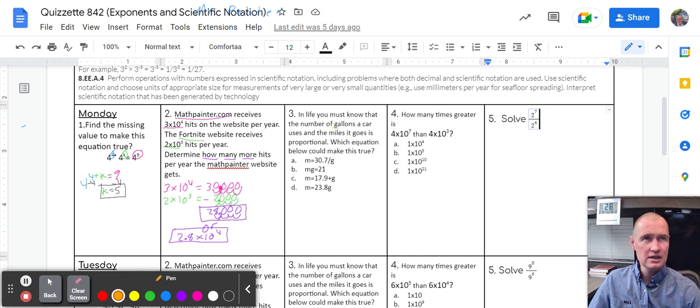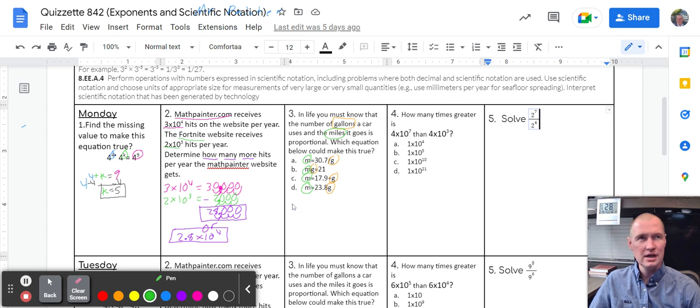Let's say gallons here is represented by G. So gallons there, gallons there, gallons there, and gallons there. Next up, we have miles represented by M. So we got miles, miles, miles, miles. So miles seems to be pretty reliable.